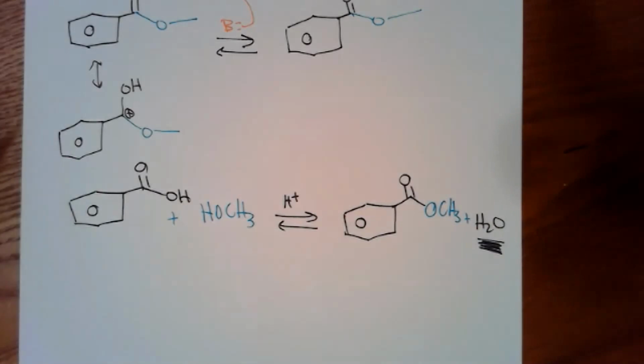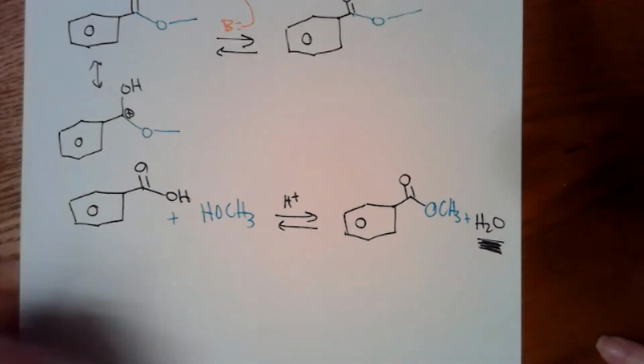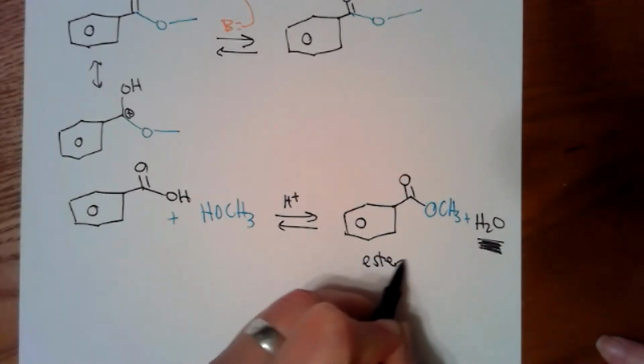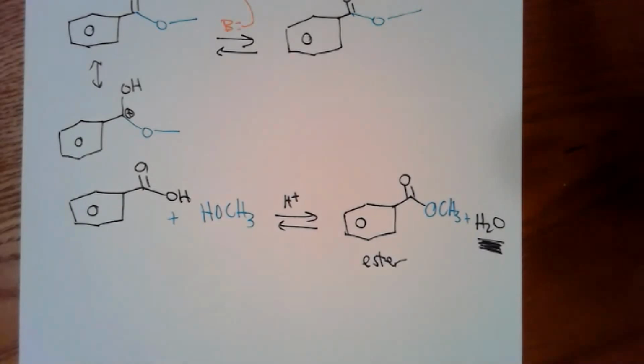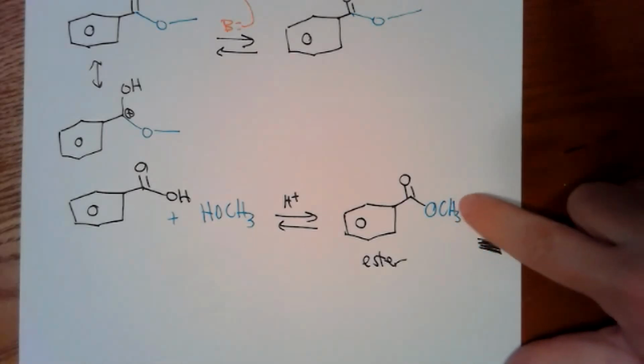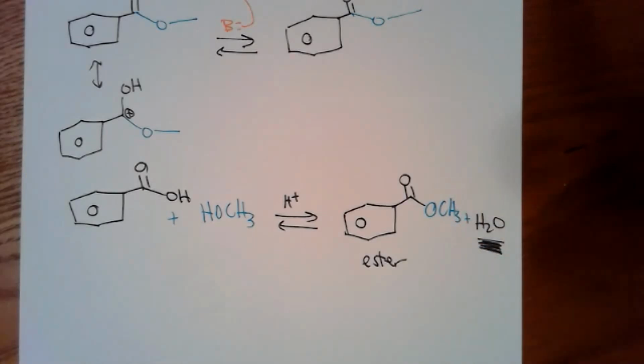Well, I got you here paying attention closely, I hope. Another thing that we will talk about quite a bit is hydrolysis of each of the carboxylic acid derivatives. This is an ester, but hydrolysis of all of the carboxylic acid derivatives will make a carboxylic acid. So hydrolysis of an ester makes a carboxylic acid. Hopefully you can pick apart the word hydrolysis to know that means cutting with water.